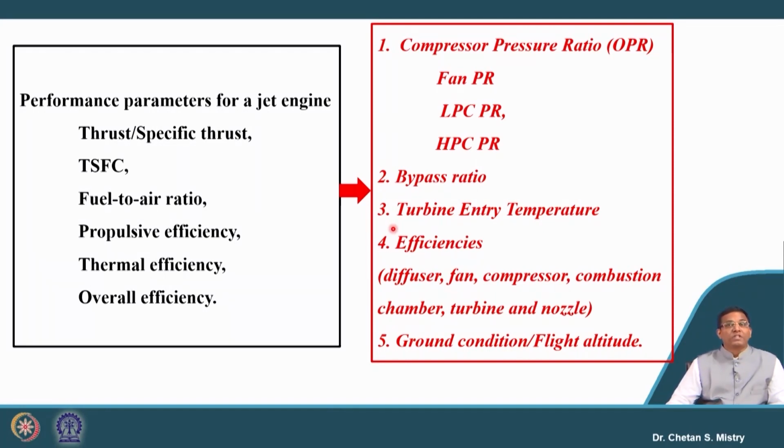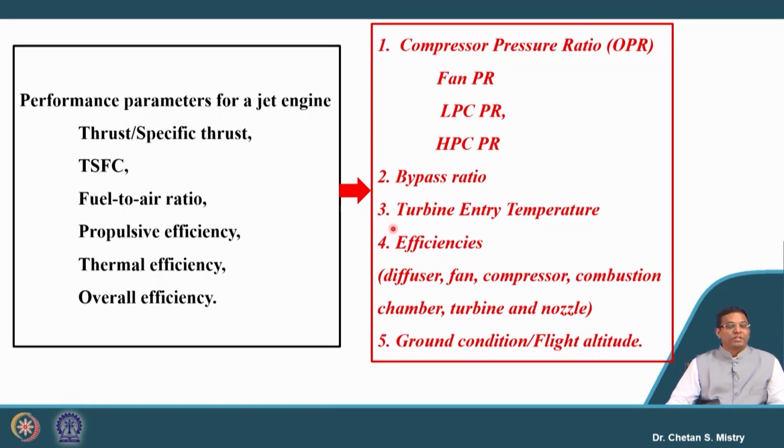Next, what we have is turbine entry temperature and efficiencies. Here the efficiency of diffuser, fan, compressor, combustion chamber, turbine, nozzle. These efficiencies are also equally important, and if you recall, in the second week we discussed a lot about these efficiencies, and the research that is going on in terms of how to improve the efficiency of these components, be it the diffuser or intake, fan, compressor, combustion chamber, turbine, nozzle.